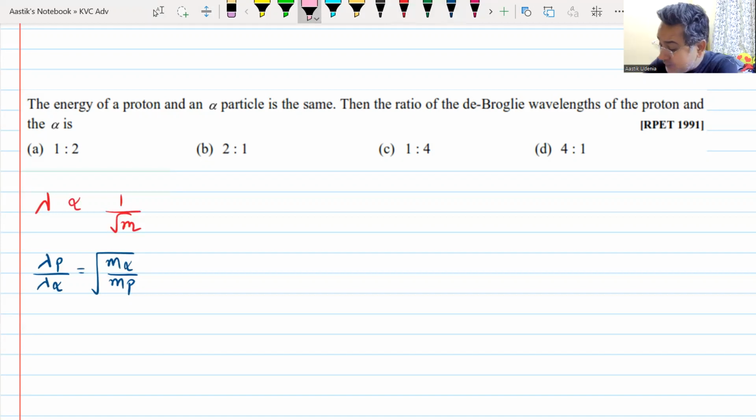And I told you many times that the mass of the alpha particle is how much? 4, sir. It is 4 times the mass of the proton, and that gives you the revolutionary result 2 is to 1. 2 is to 1 is the answer for this. Do we understand this? Yes, sir.